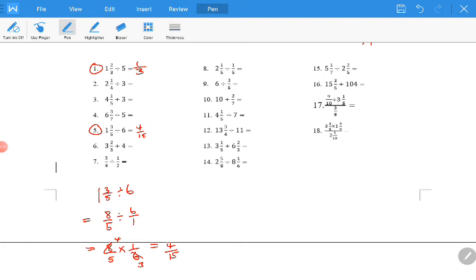Well, let's look at another example, and this time around we are going to pick question 13. Question 13 is saying 3 and 1/5 divided by 6 and 2/3.